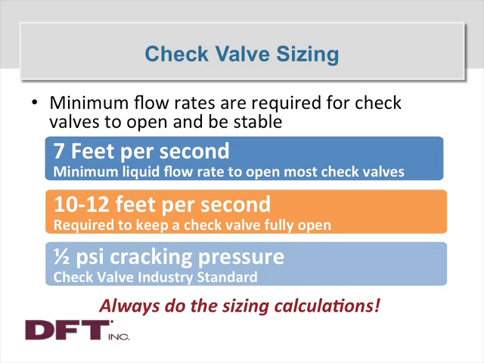And also check valves generally, all styles, have cracking pressures of approximately 1/2 PSI. It's not really an industry standard, but it's pretty much what everyone does in their valve design. But you need to do the sizing calculations. That's absolutely important and shouldn't be overlooked.